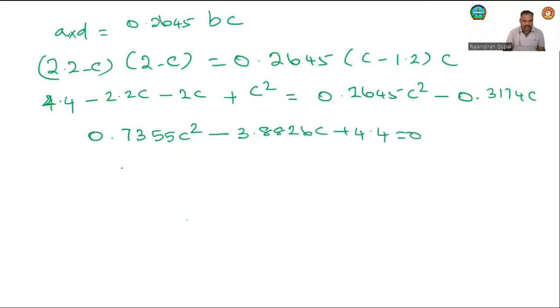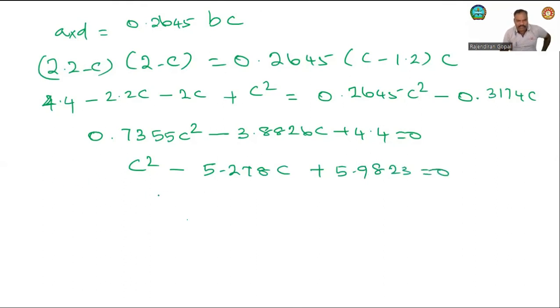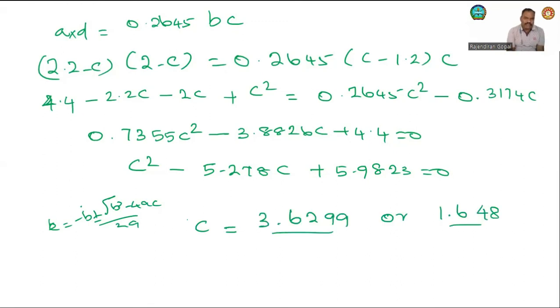Then, making the C square term coefficient 1: C square minus 5.278 C plus 5.9823 is equal to 0. Simplifying this quadratic equation, C is equal to minus b plus or minus root of b square minus 4ac, by 2a. C is equal to either 3.6299 or 1.648.